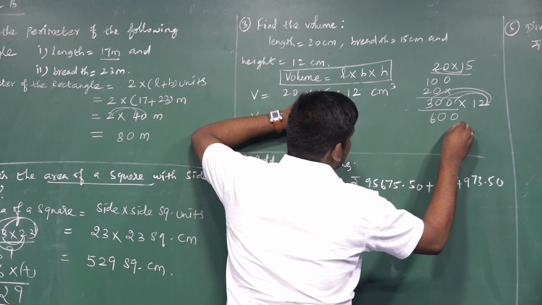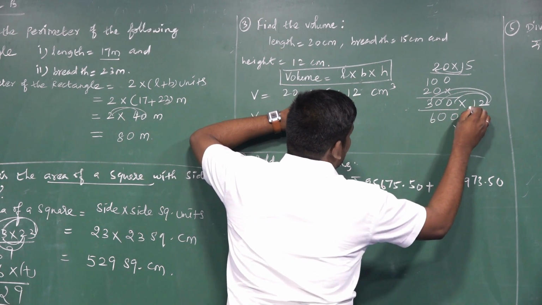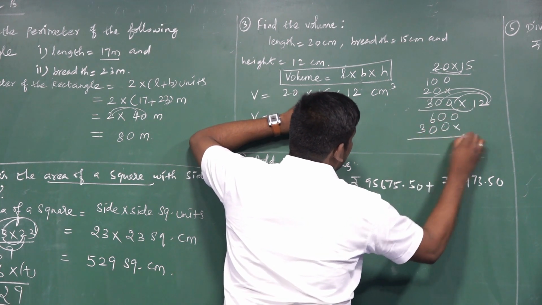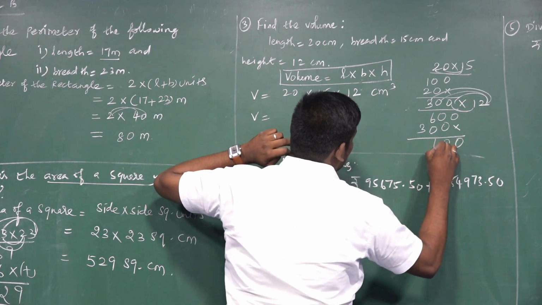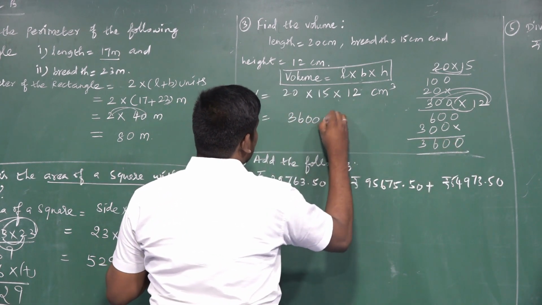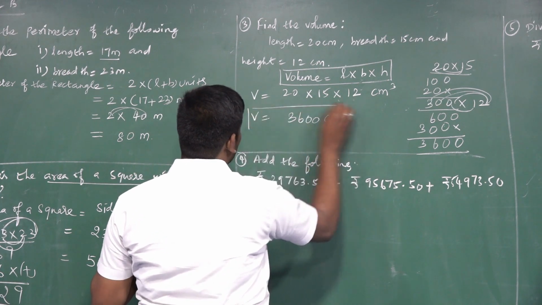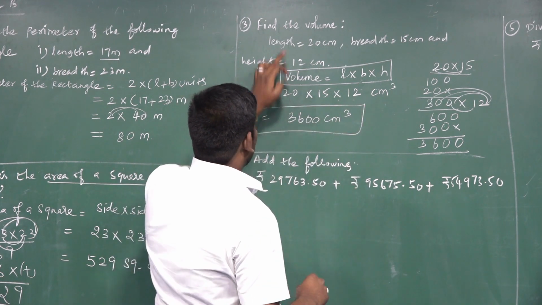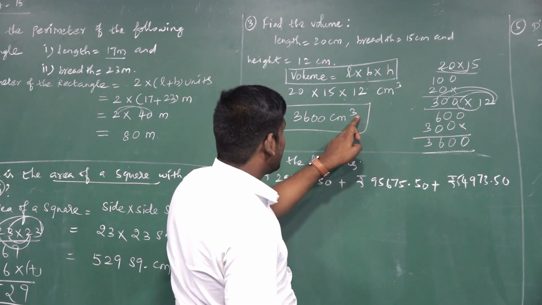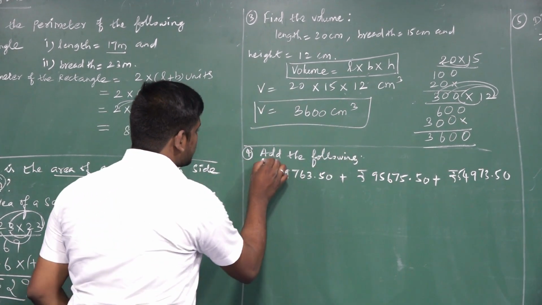Leave the ones place. Next multiply. 0 1s are 0, 0 1s are 0, 3 1s are 3. So 0, 0, 6... 3600 centimeter cube. The volume is 3600 centimeter cube. Come to the next question.